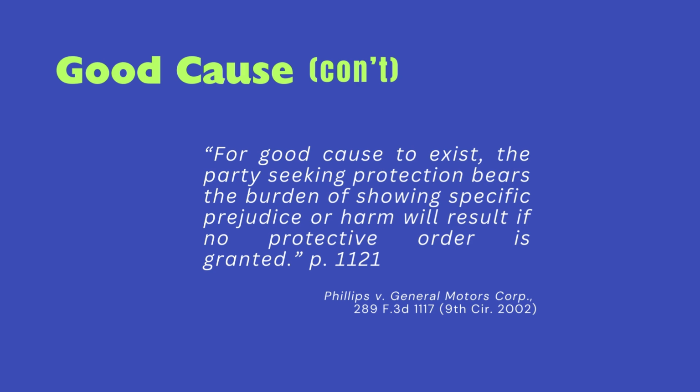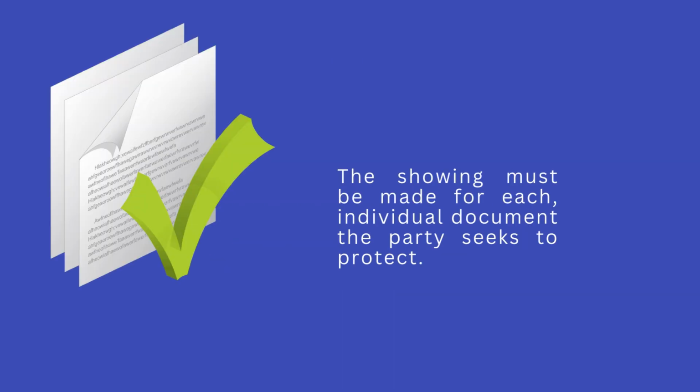And I provided you with a case that illustrates this, Philip versus General Motors Corp. And the showing must be made for each individual document the party seeks to protect. Again, hold the defendant to that and remind the court if you have to, politely and respectfully.